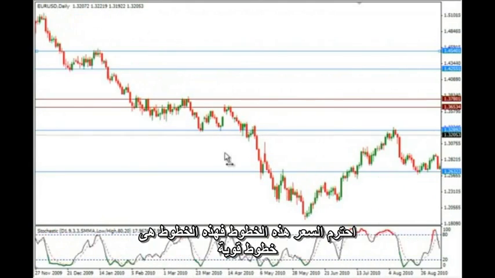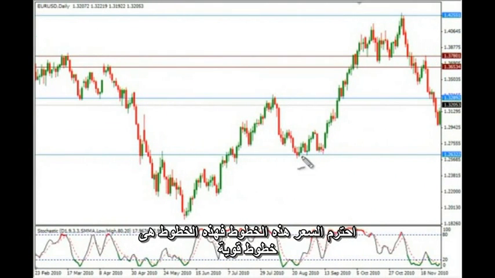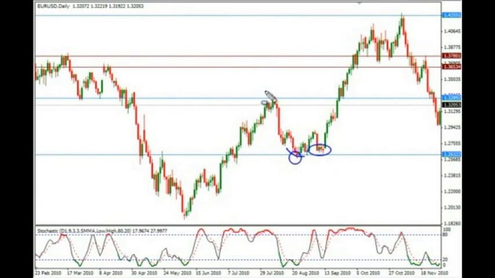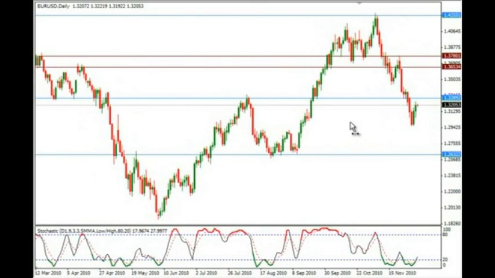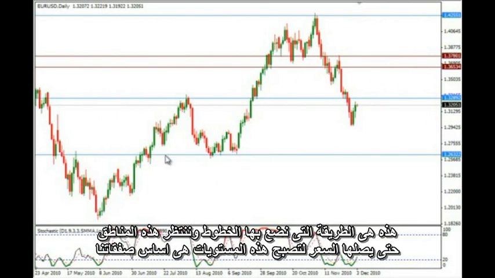So these are very nice, strong lines. That's the way we place the lines, and we wait for those areas to be reached, and we make our decisions based on that.